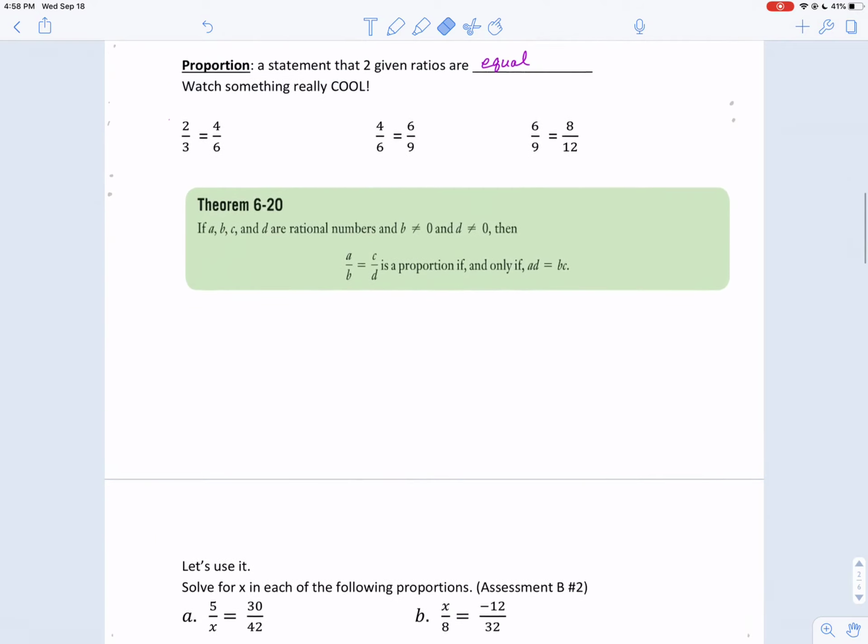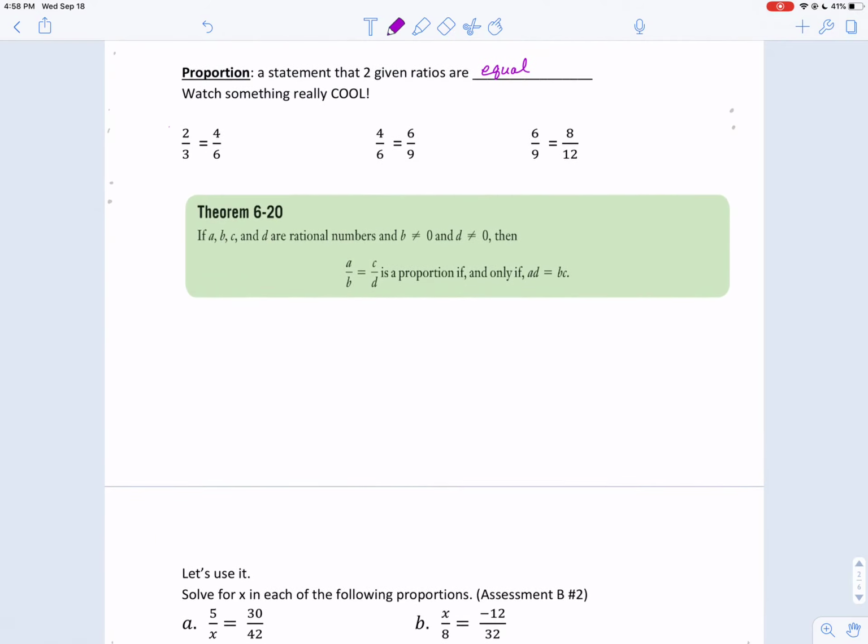But let's look at something really cool mathematically. What if I cross multiplied? What am I going to get when I do that? I'm going to get 12 here and 12 over there. I could do the same thing here. Obviously, I'm going to get 36 and 36.